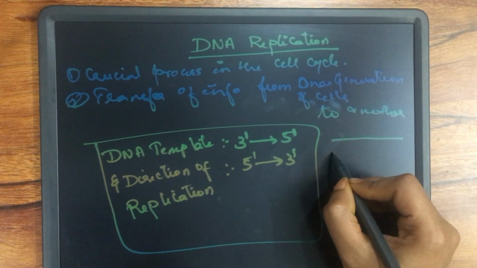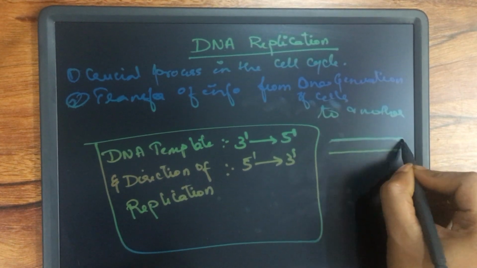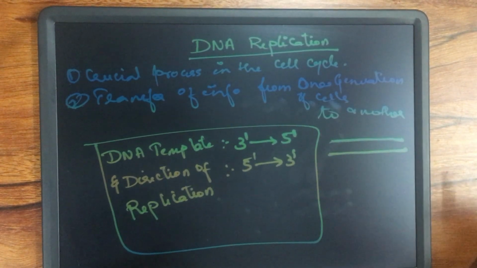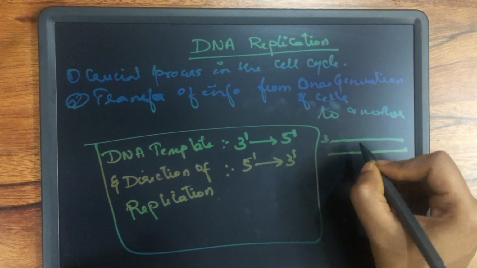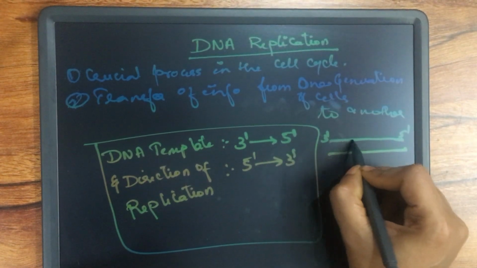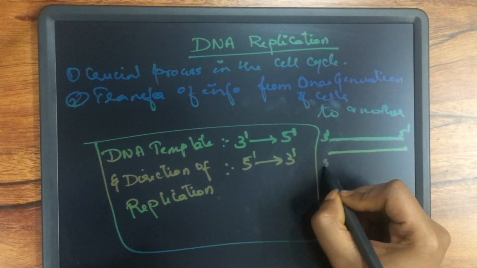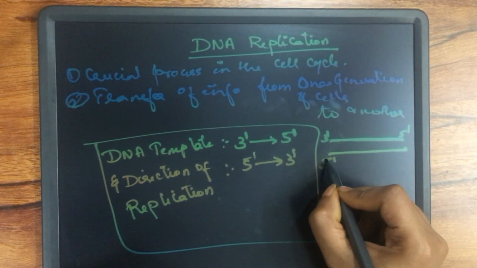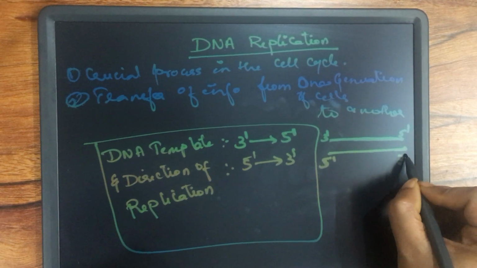So we know that DNA is a double-stranded polynucleotide where the two strands are anti-parallel to each other. That is, one strand is running from 3' to 5' direction and another strand is running from 5' to 3' direction.